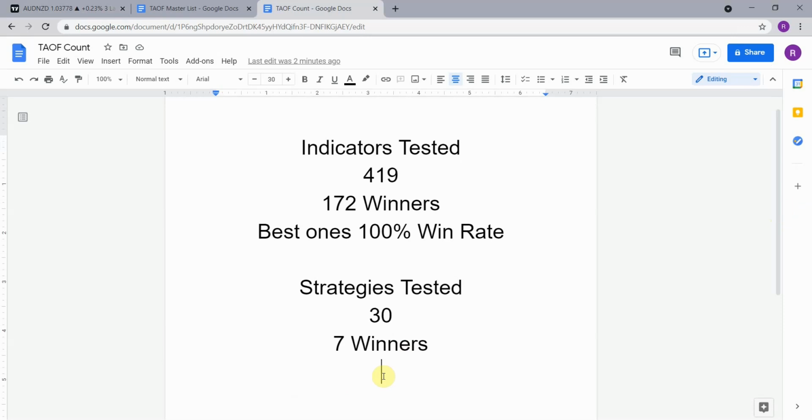We have also tested a total of 419 indicators, with a total of 172 winners. The best ones were able to achieve a 100% win rate. Now you need to go back and watch those videos to understand the context of how they were able to achieve that. So go back and watch those videos and see what you can get out of those indicators.